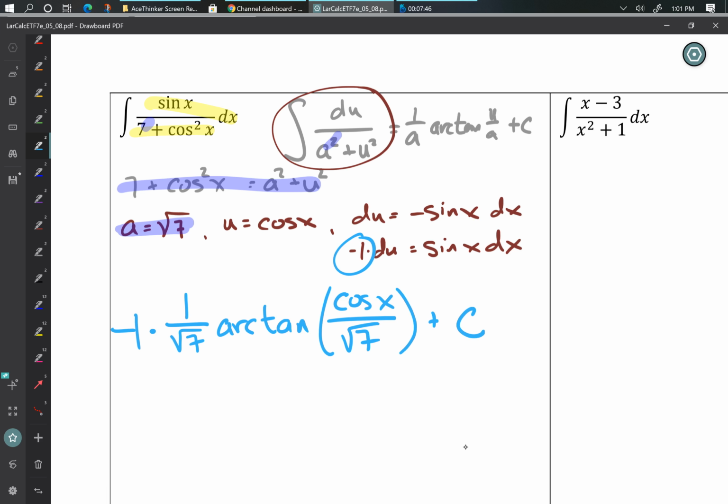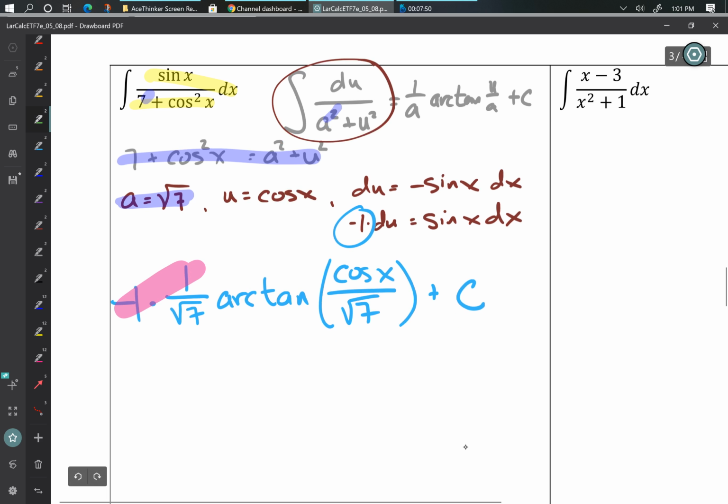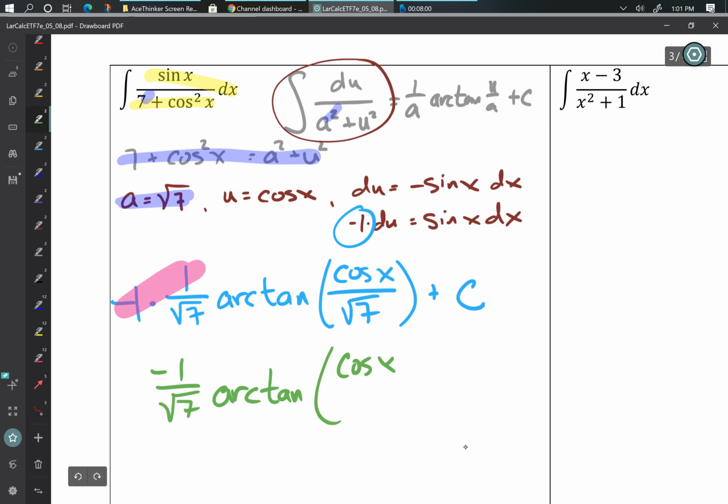And if you want, you could clean this up right here and then just say that this is negative 1 over root 7 arctangent cosine x over root 7 plus some constant c. Good to go? All right.